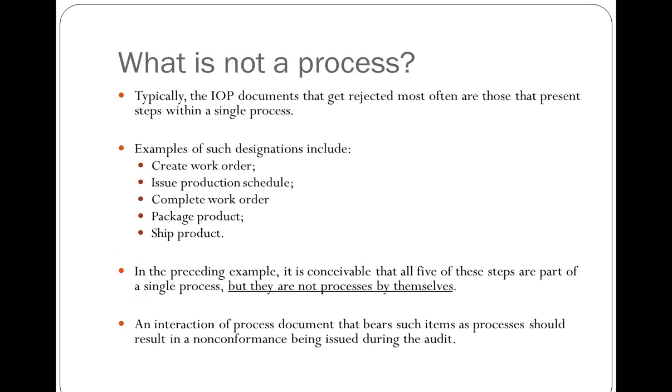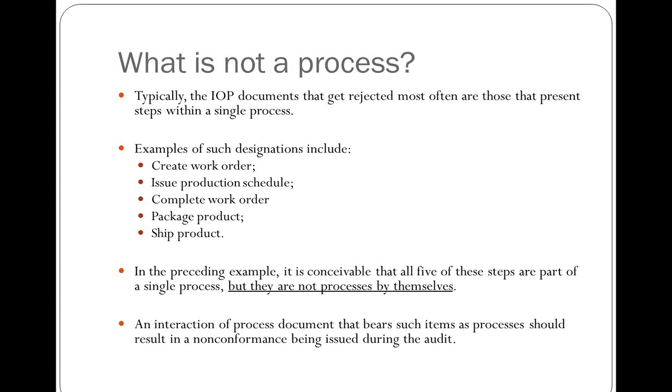Now, in terms of what is not a process, I think I've already made most of my point here, but let's take a deeper look at this. The IOP documents that get rejected most often are those that present steps within a single process. So what are some examples of that? Create work order, issue production schedule, complete work order, package product, ship product.